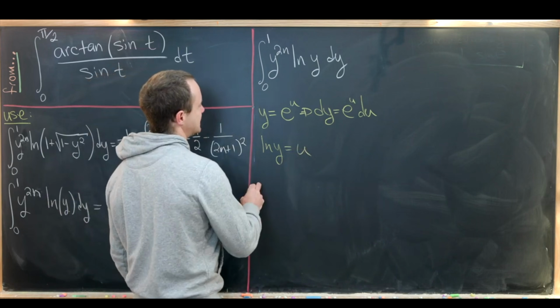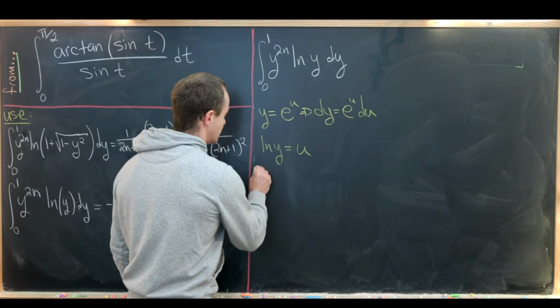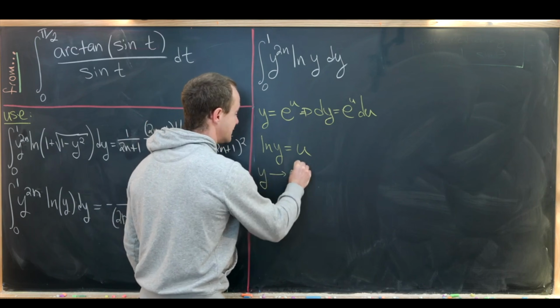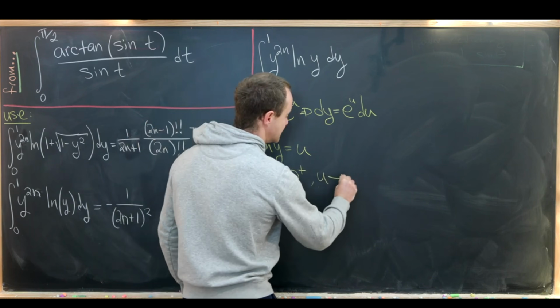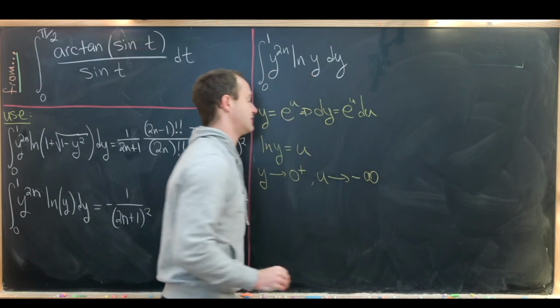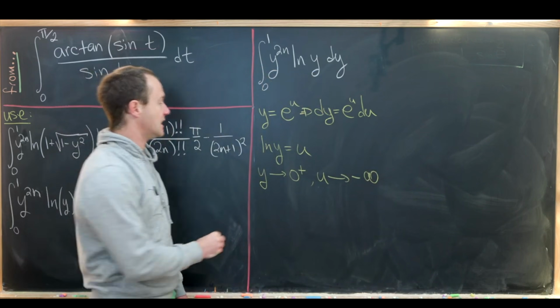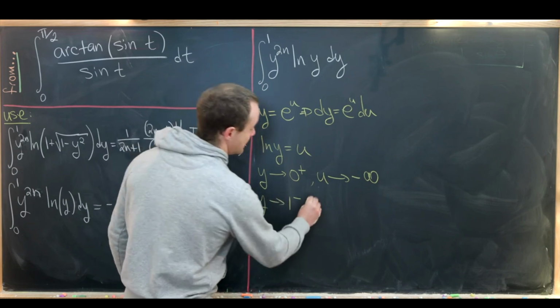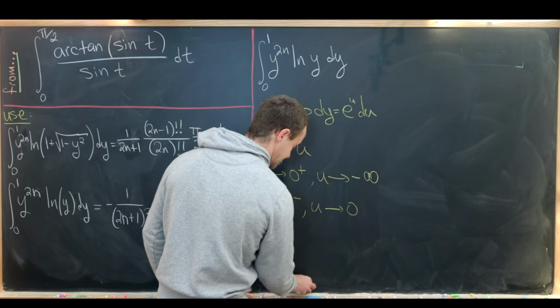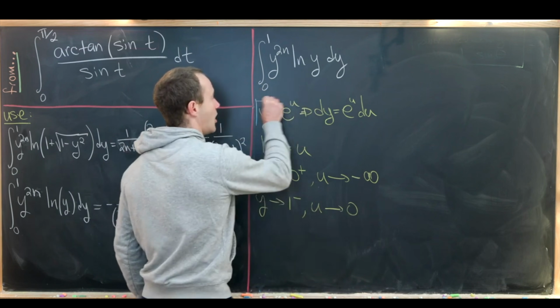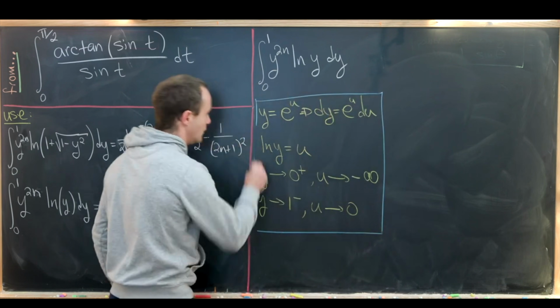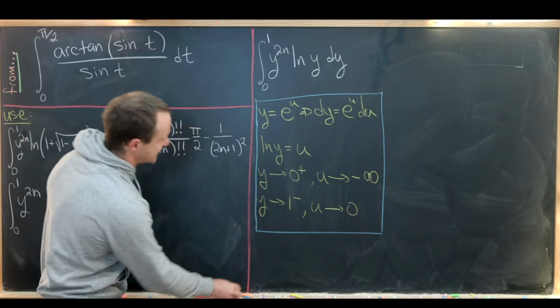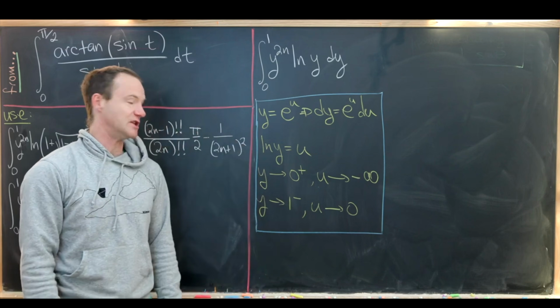And then our bounds of integration, let's see what we have for those. If y is approaching 0 from above, then u is approaching negative infinity. And if y is approaching 1 from below, that means u is approaching 0. So all of this will build our translation from a y integral to a u integral.